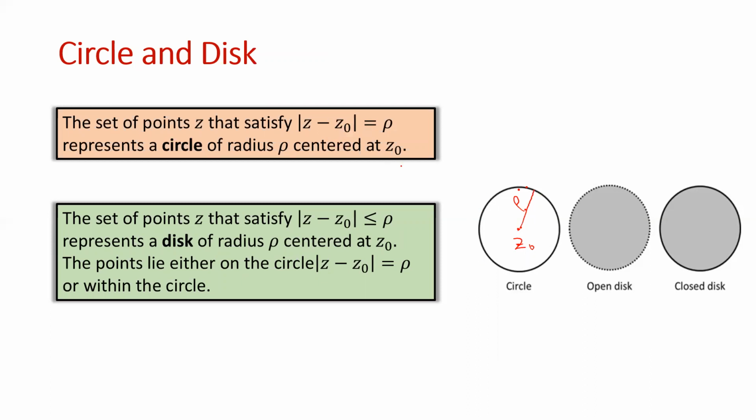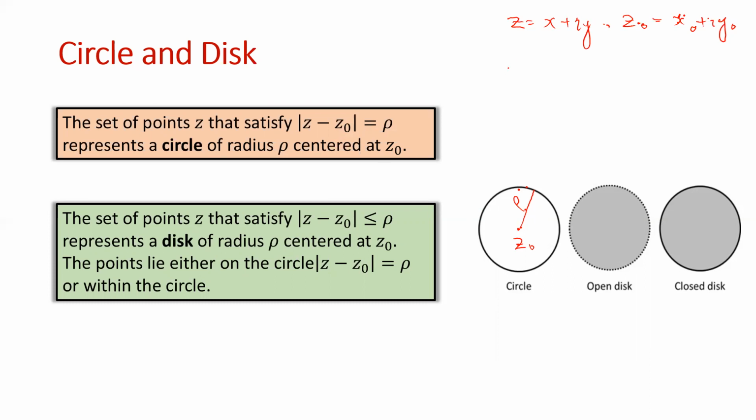Another approach to visualize |Z - Z0| = rho is if you take Z = X + iY and Z0 = X0 + iY0.